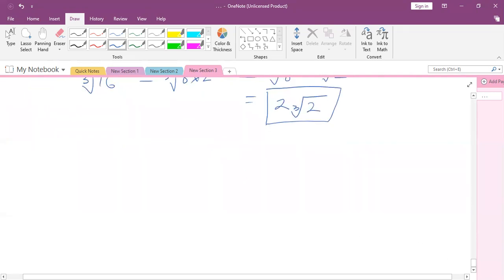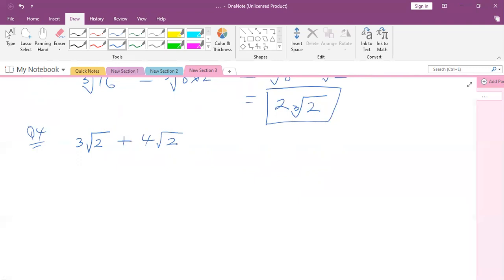Another way we can have a question, let's call it problem number 4, is to add up different radicals, addition of radicals. So let's say I have root 2 plus 4 root 2. This time I have a number in front of the radical, not an index, so it's a coefficient.